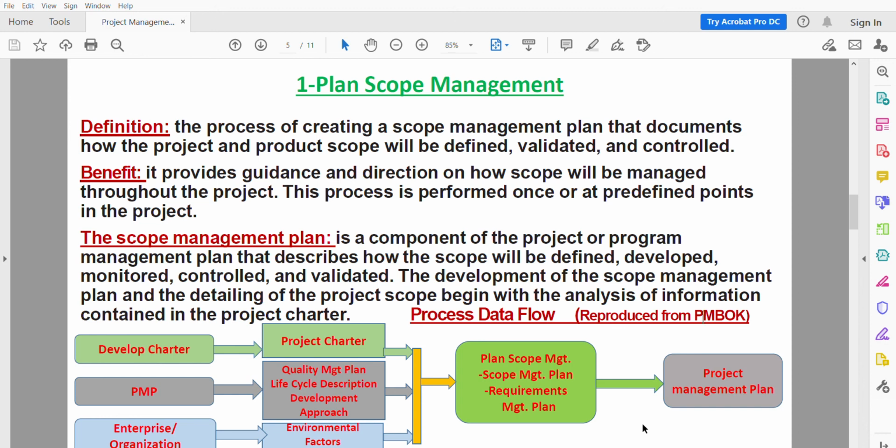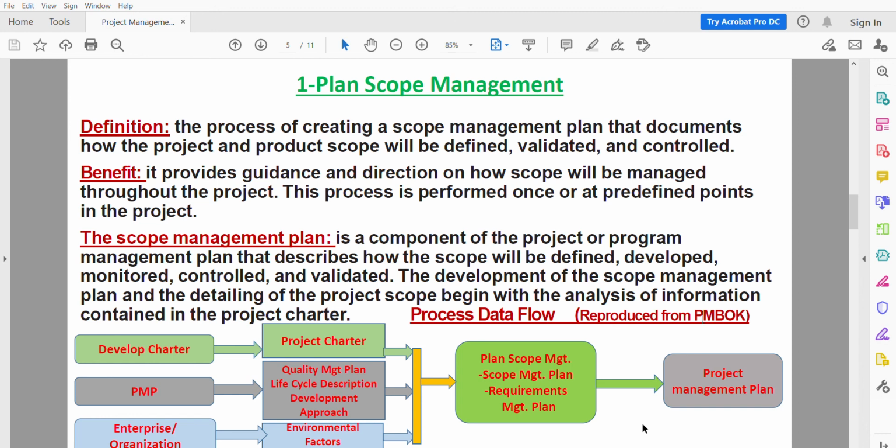We use the project life cycle description, which determines the series of phases that a project passes through from its inception to the end of the project. And also the development approach. The development approach defines whether a waterfall, iterative, adaptive, agile, or hybrid development approach will be used.